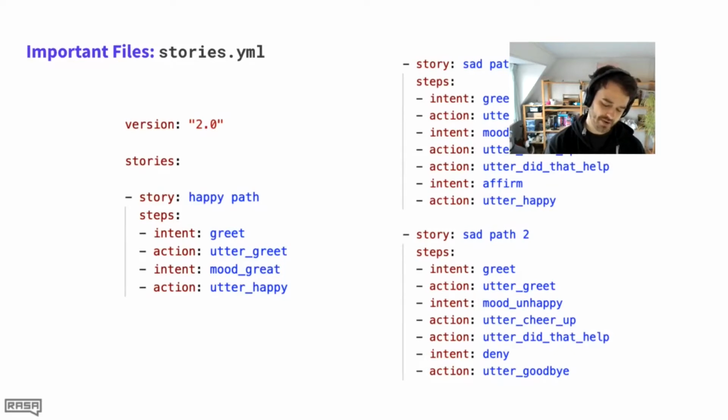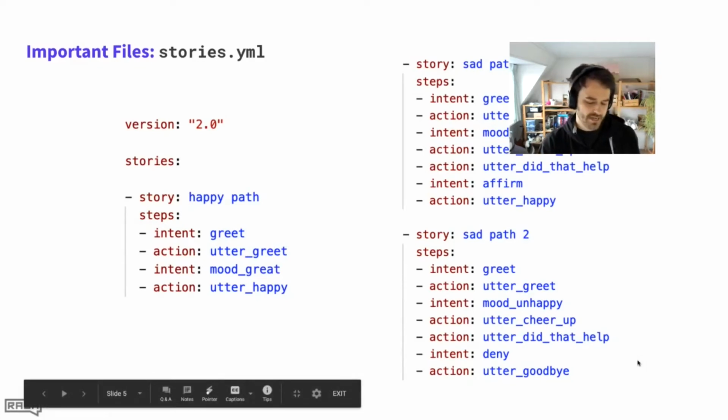We try to cheer you up, and then we check whether or not that helped. And if you then say yes, then we again have the correct response. Again, we can look at this as training data for machine learning algorithms. We have examples of stories that happened in the past, and we would like algorithms to learn the pattern that's underneath here.